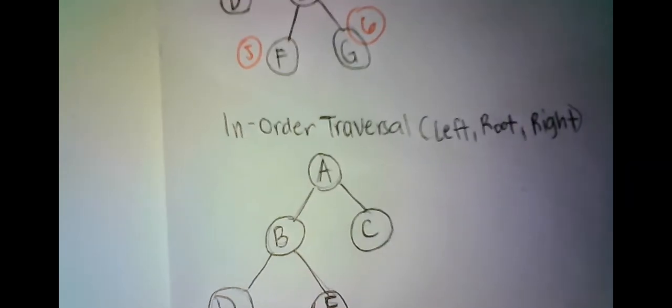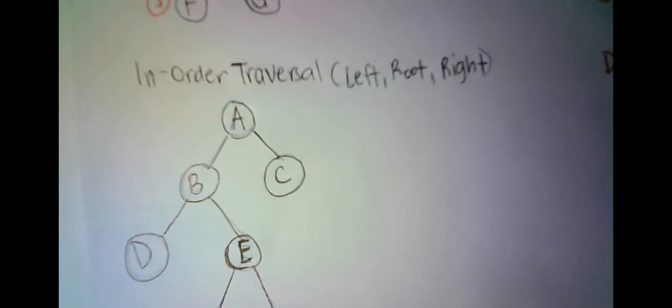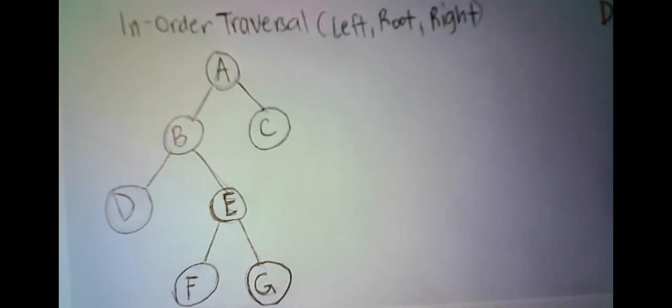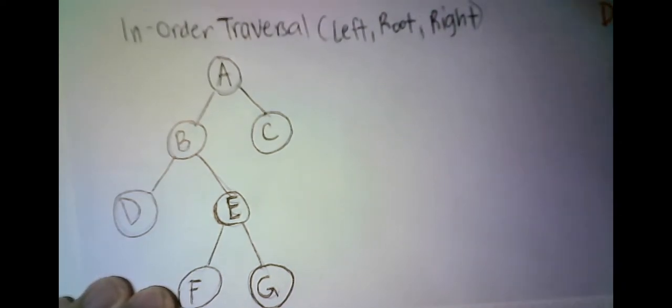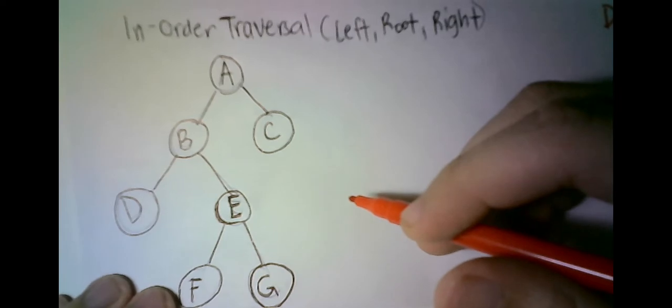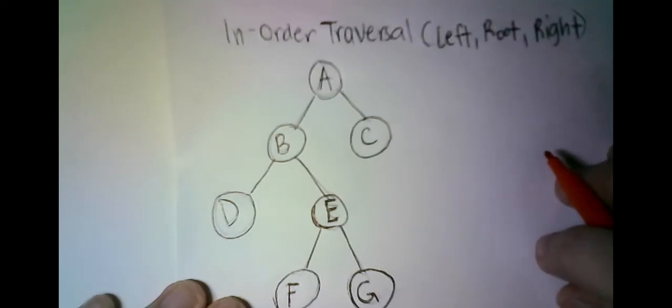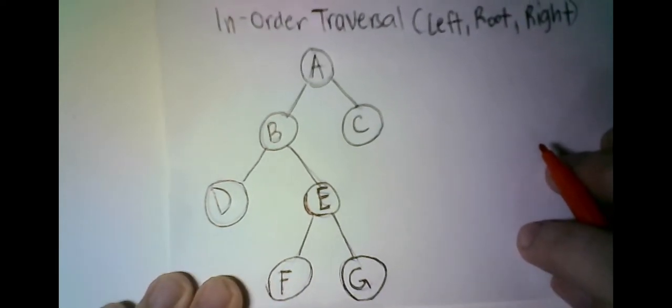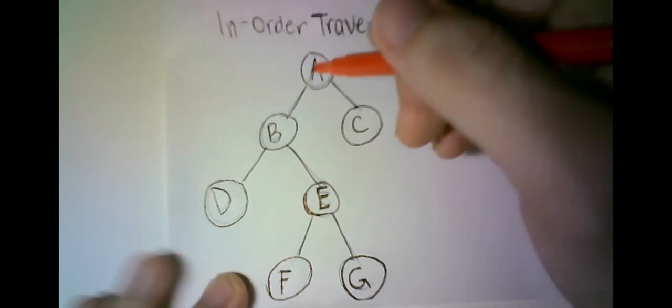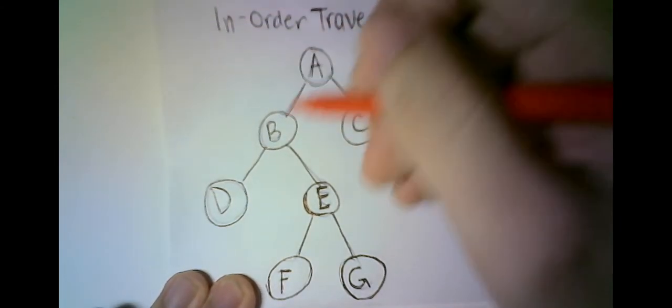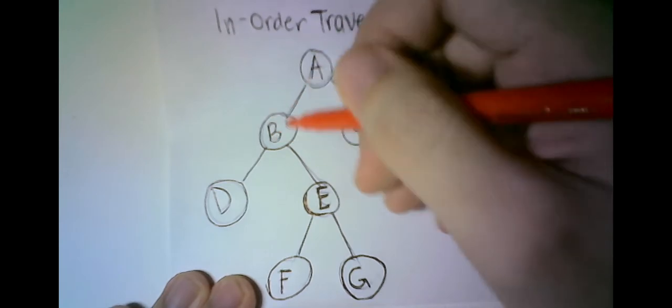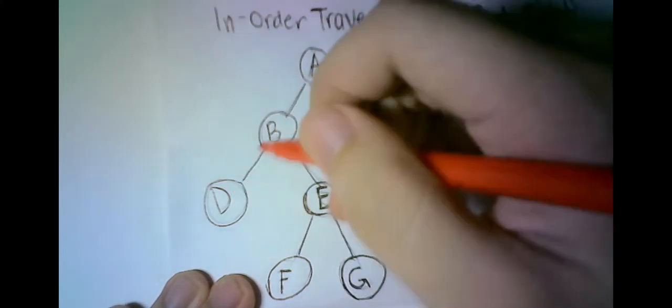So go to the next. Here in in-order traversal, the order is left, root, then right. So what happens here? Start from the left, just like our pre-order and post-order traversals. You cannot go right directly to B here because B has children nodes.